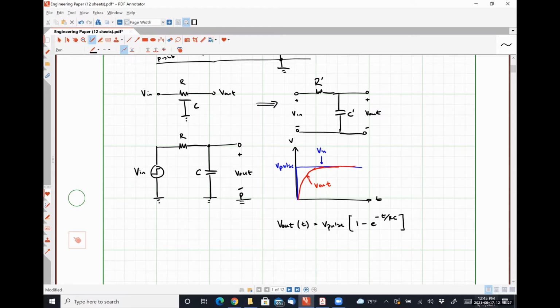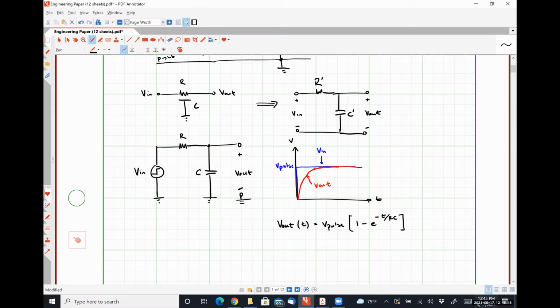The reason it's not just a simple exponential is because we're looking at a charge cycle, not a discharge cycle. So we need it to start at 0 and then increase, which is what's being forced to happen by this mathematical expression right here. And it settles to a value of V pulse as time continues.